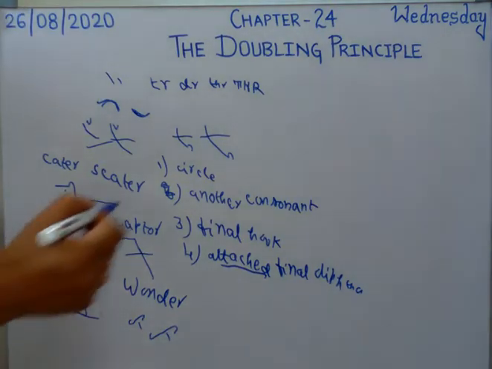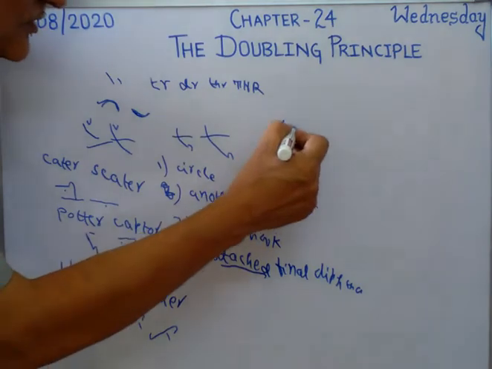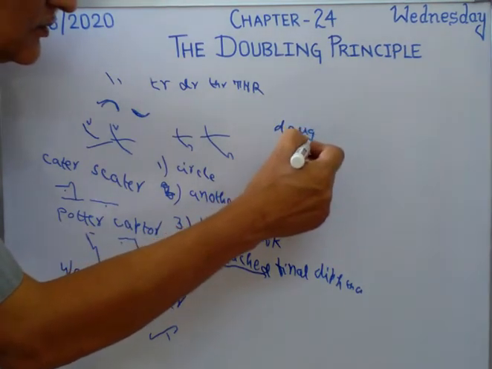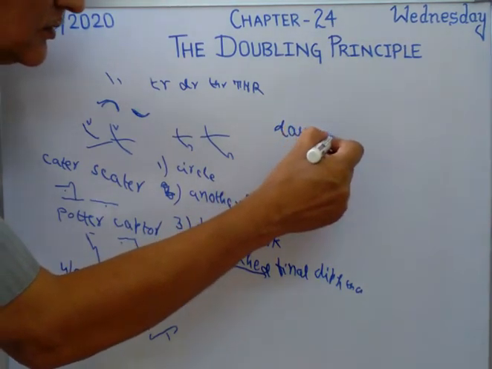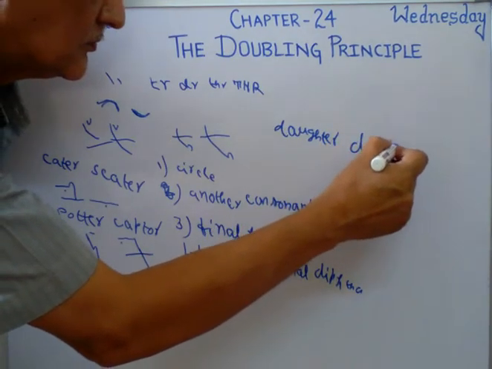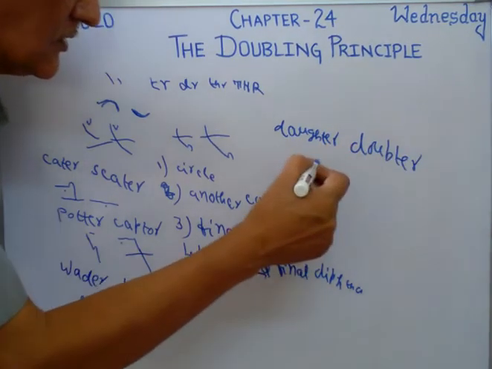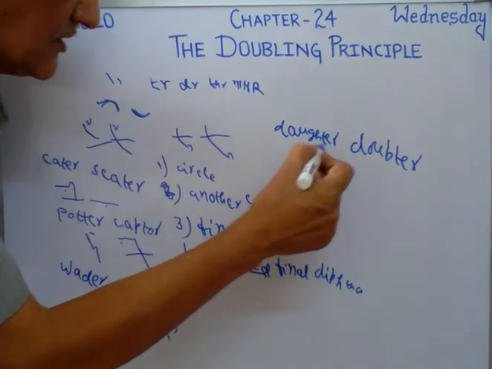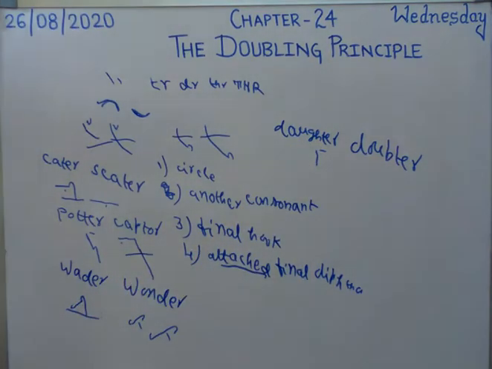The other example, daughter, doubter. Daughter, for doubling D, you have to add the sound of ter. None of the conditions are satisfied. So you cannot double.